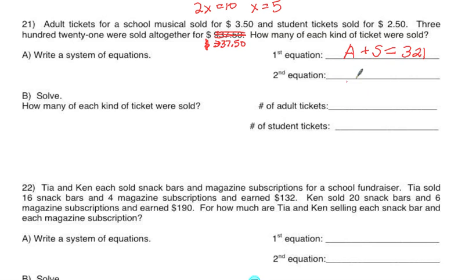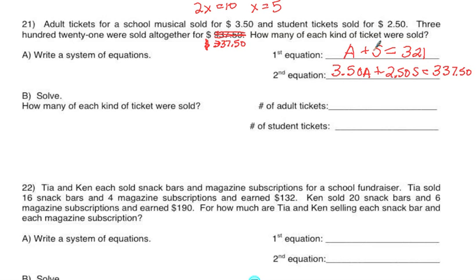The other one is going to be money, okay? So adult tickets were $3.50, so that's going to be 3.5, and you could put 350A, that's fine, plus 250S, because that's how much each student ticket cost, right? And then that's going to equal the total amount that we made.